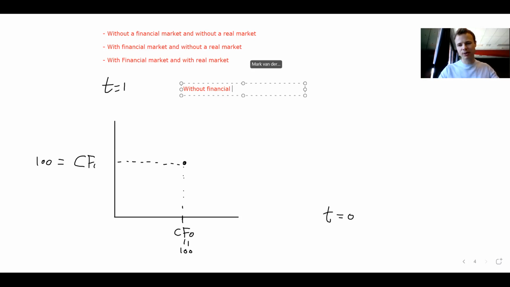So there's no interest rate that I can use to borrow or to lend money. Furthermore, for simplicity, we assume also that there's no real market. And what do we mean with a real market? A real market means that you can do an investment to get a present value in return, and that makes you richer. Okay.